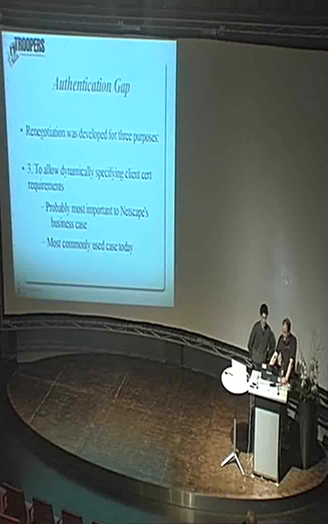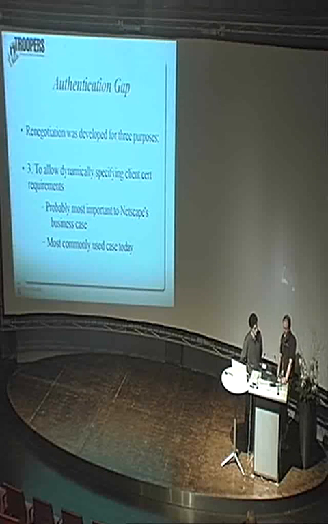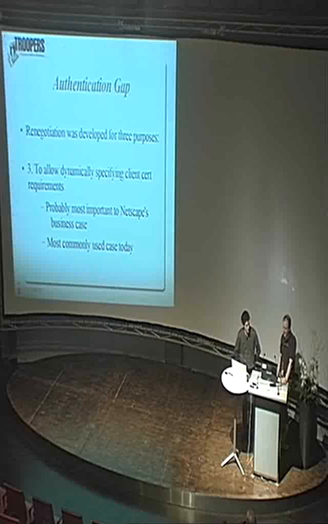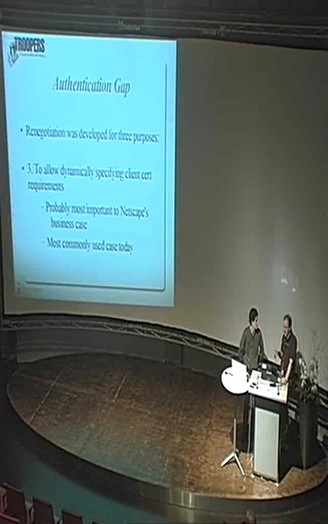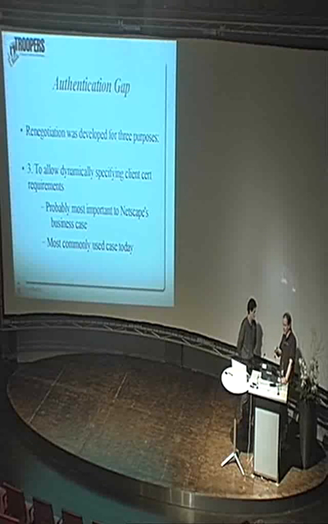The third reason, and I think this was the most compelling case that the two guys next to each other on the cube were chatting about, was to allow specifying the requirements for whether or not you required a client cert on your site to be done dynamically, so that the server could look at the URL that you were requesting and say, oh, that subdirectory, I need to require a client cert.